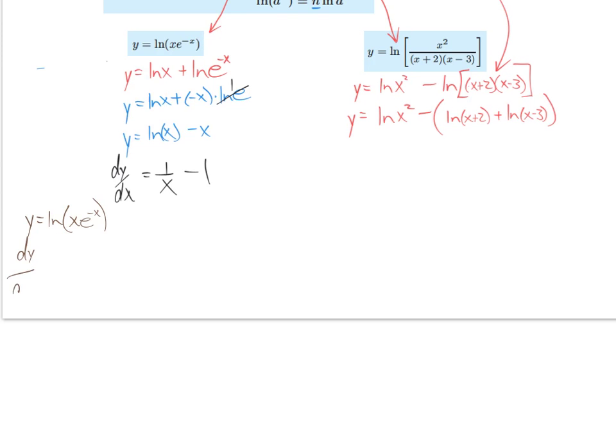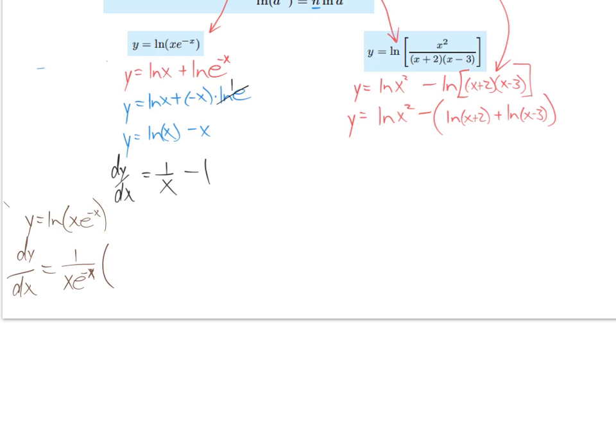Watch this. dy dx, the outer function is ln of something, right? So I have 1 over that something. Okay? But then I have to multiply by the derivative of that something. Now the derivative of that something is going to take the product rule, right?